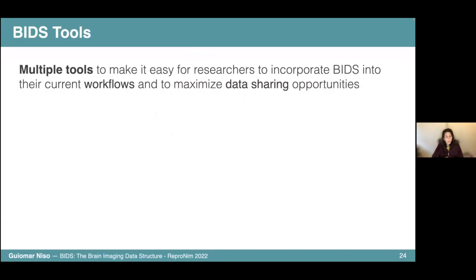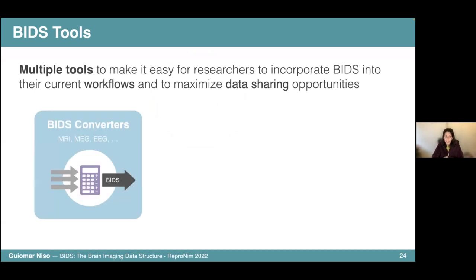So there are multiple tools to make it easy for researchers to incorporate BIDS into their current workflows and to maximize data sharing opportunities. So we have BIDS converters for MRI, MEG, EEG, and any new modality that gets incorporated. There are some converters that are working to get your data as it comes from the scanner to BIDS.